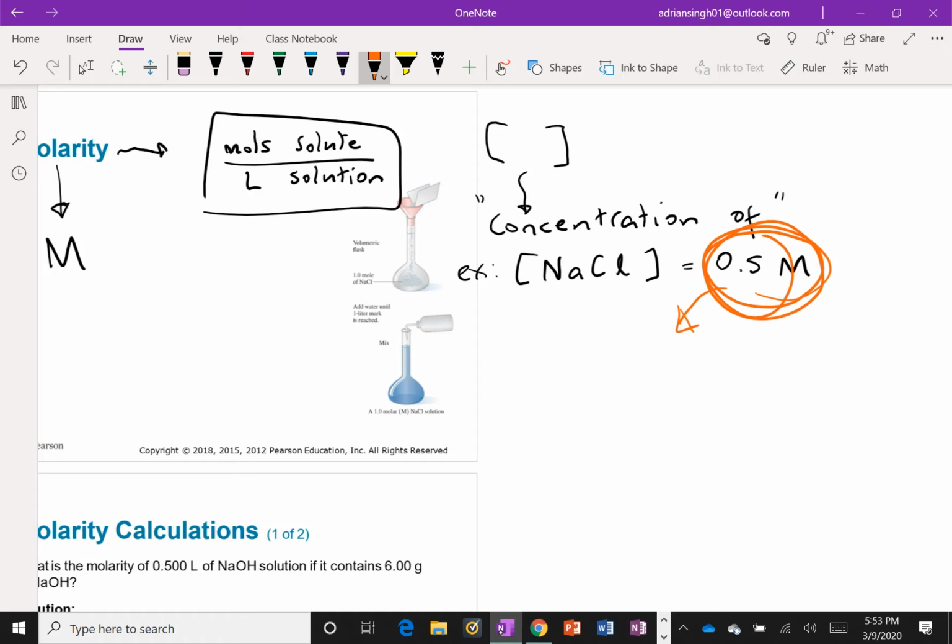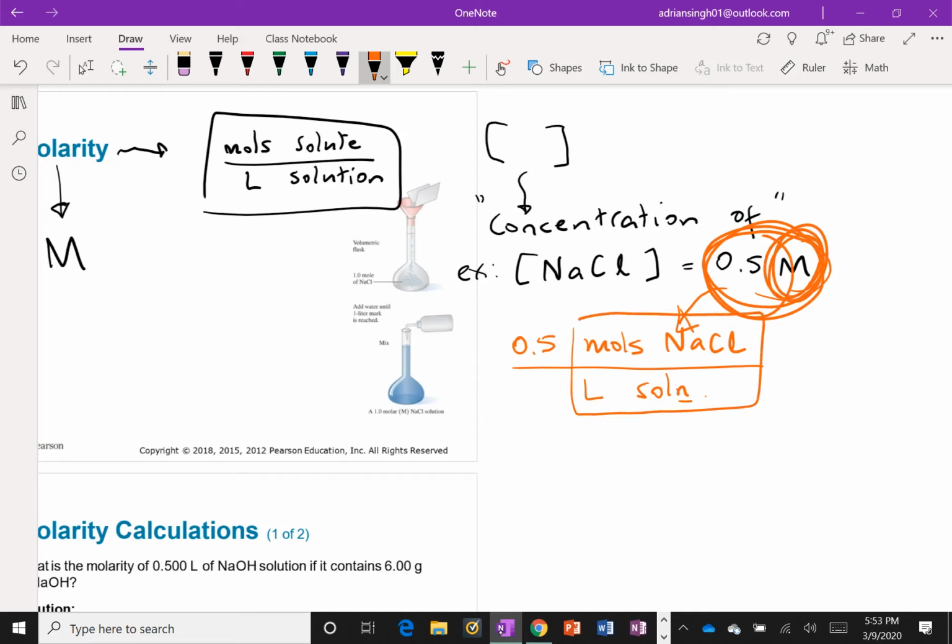So if we're looking at sodium chloride, 0.5 M, 0.5 molar would mean 0.5 moles of sodium chloride per liter of solution. So that big M means moles of whatever the solute is per liter. It relates moles to volume in liters, always, whenever you see that big M.